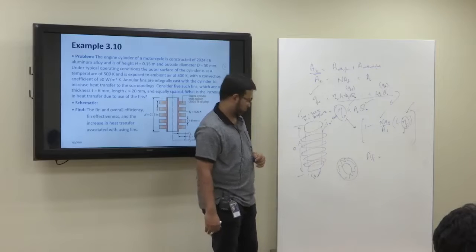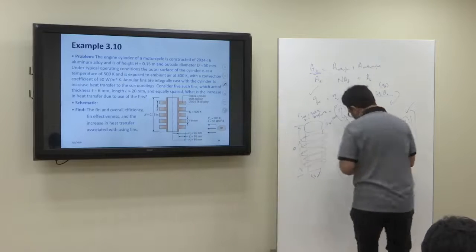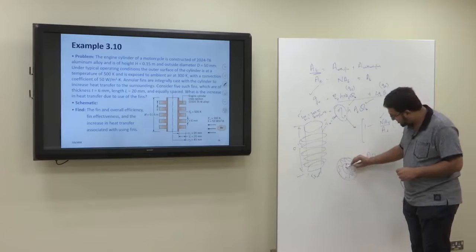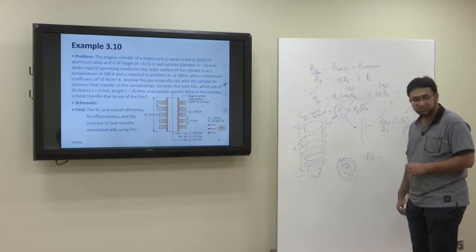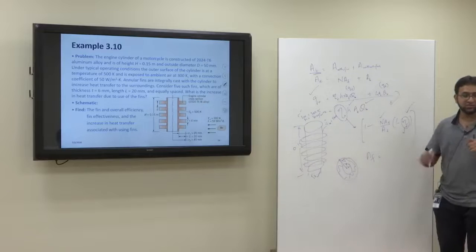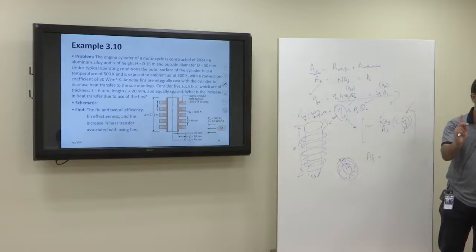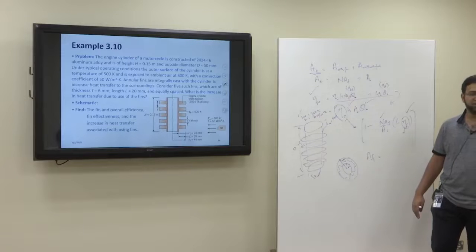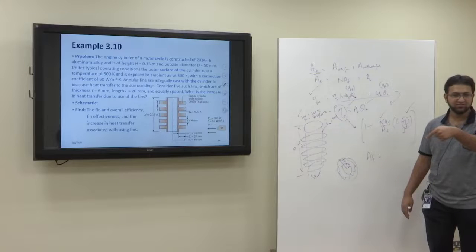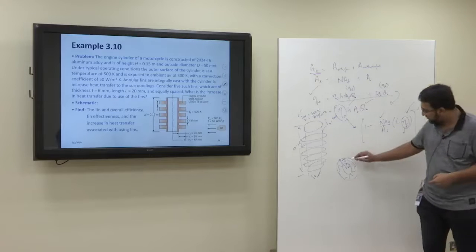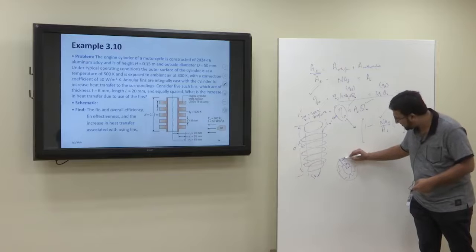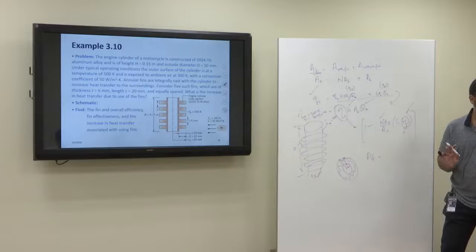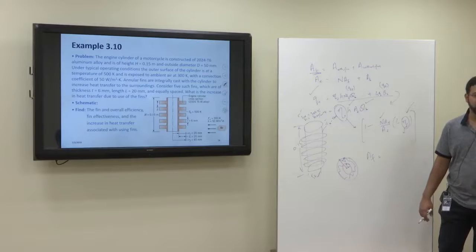Now you know that this is R1, and this is R2, but you also know that there is heat transfer from the tip. In order to compensate for the tip, you change the value R2 to R2C. So instead of using R2, if you use R2C here, you don't need to consider the tip, just consider heat transfer from the top and the bottom.